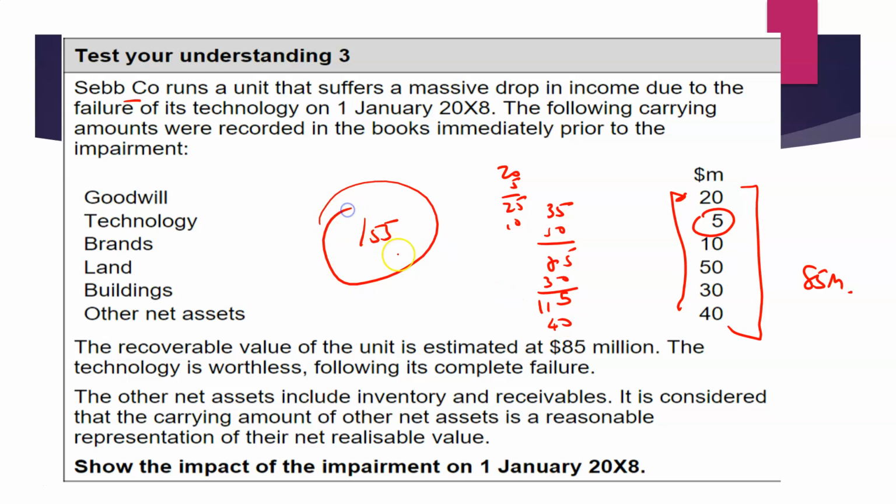So that's what it's currently recognized at, and we're saying that it's now only worth 85. So what are we saying here? First of all, the thing itself that got bad, the tech, is useless, so that's gone.